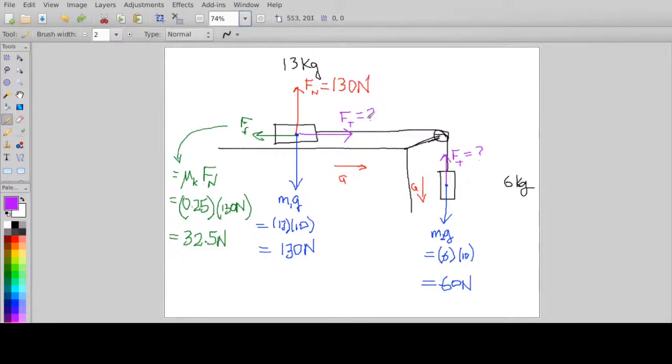The one that has to win is Ft, because if the force of friction were bigger to the left than the tension to the right, the force of friction would win and it would accelerate to the left. But it isn't. It's accelerating to the right, and so the tension has to beat the force of friction.